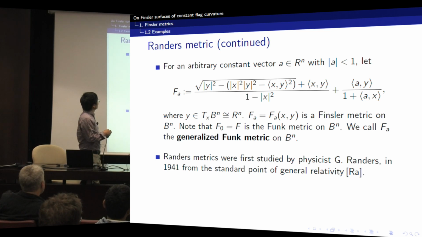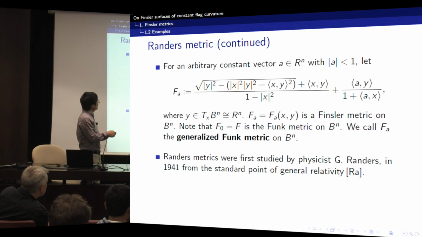Now we go on with the Randers metric. For an arbitrary constant vector a, with the length of a less than 1, we define this metric. This one is just the Funk metric plus this form. We can show this one is also a Randers metric.